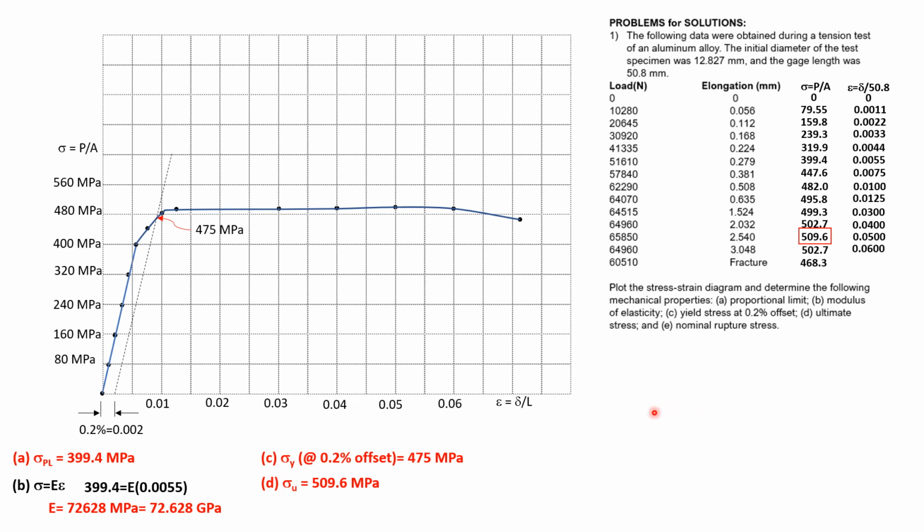Then finally, the nominal rupture stress is equal to stress at nominal area or original area. So it is equal to 468.3 megapascals. So that's it for this problem, and I hope that you were able to follow.